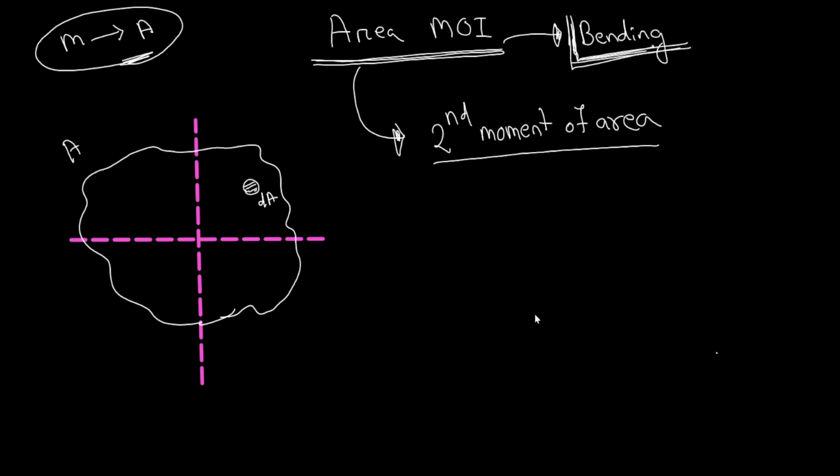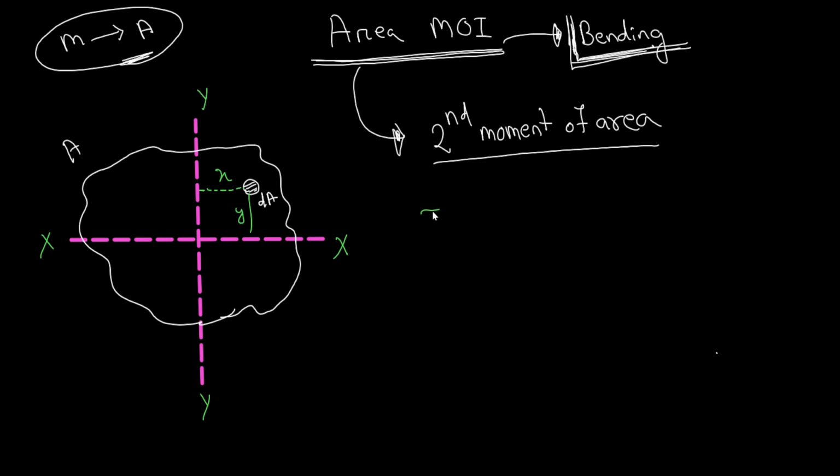Now I will calculate the second moment about the x-axis. This one is y, this is x. From the y-axis, it is at a distance of x. From the x-axis, it is at a distance of y.